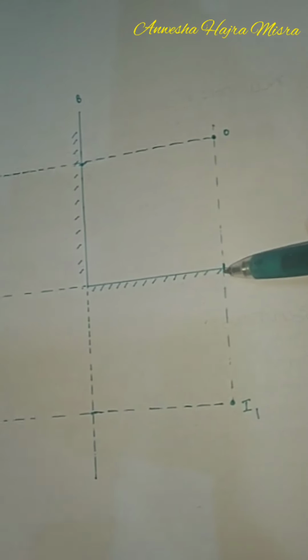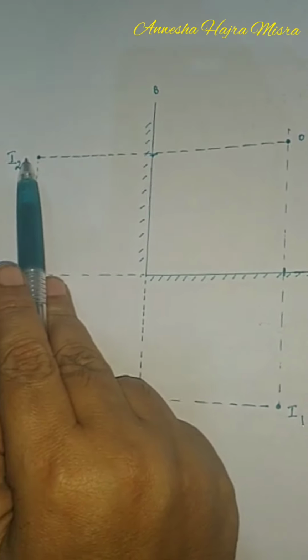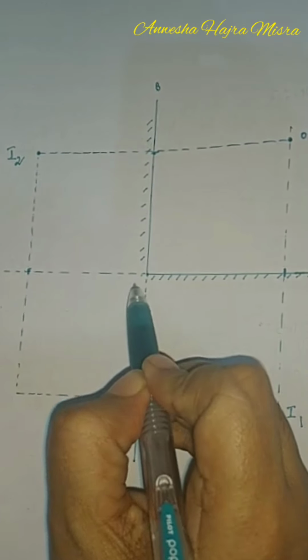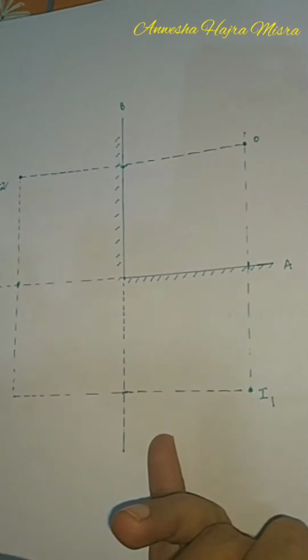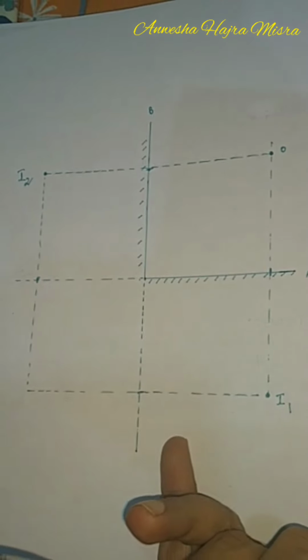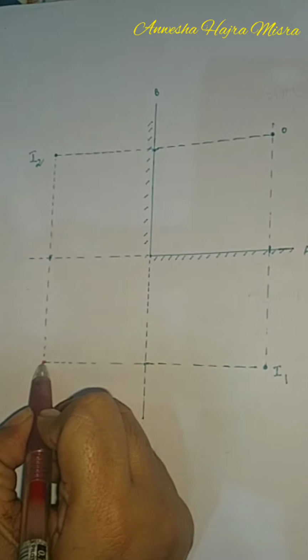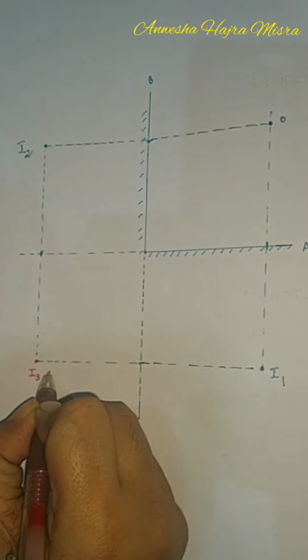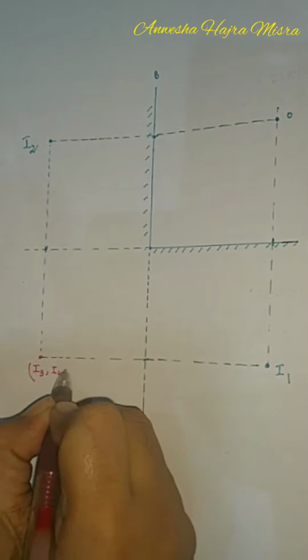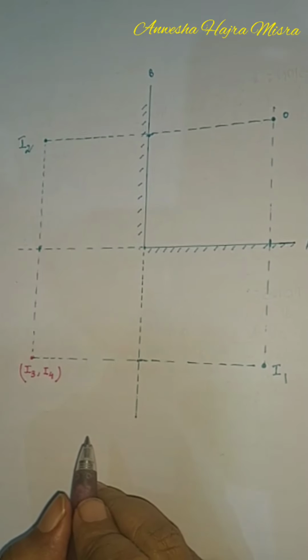See, in this mirror, the image is I1 and in this mirror, the image is I2. These two are two perpendicular mirrors. Now children, what happens? You see, here I will have two images together, I3 and I4.